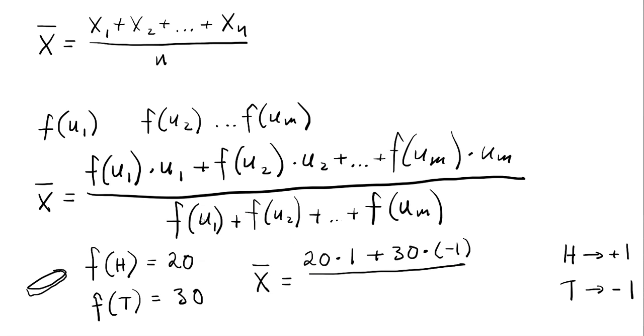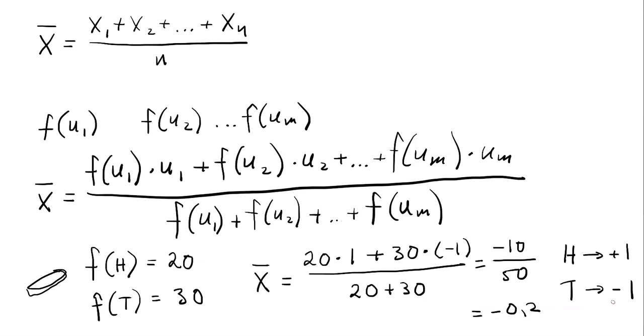And now we just add up all the frequencies, so it's 20 plus 30, which means we have thrown the coin 50 times. So this is 20 minus 30, so this is -10, divided by 50. So this is -0.2.